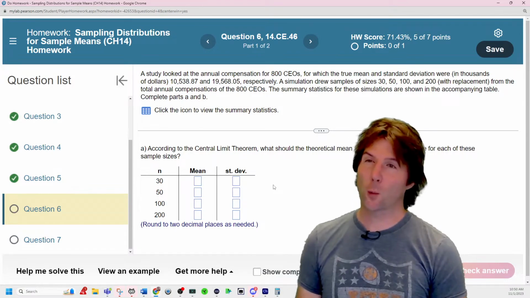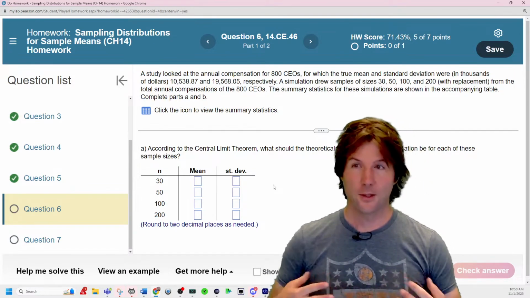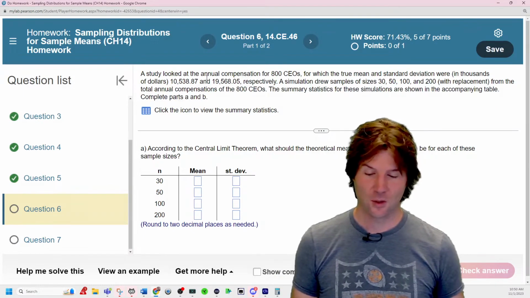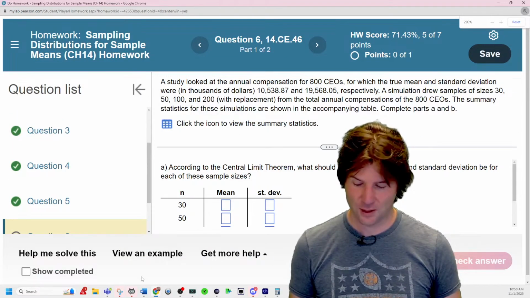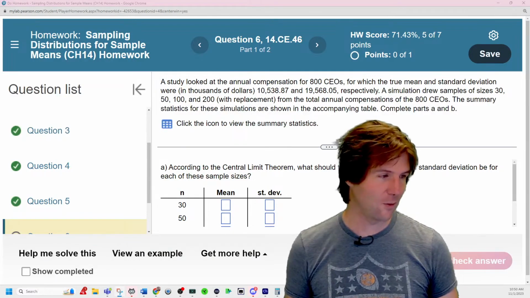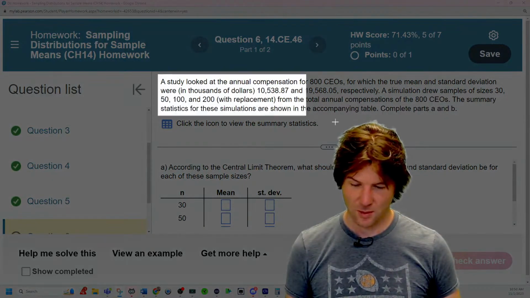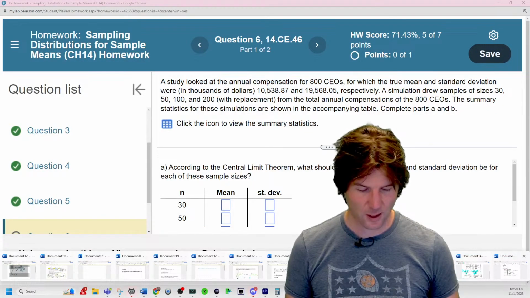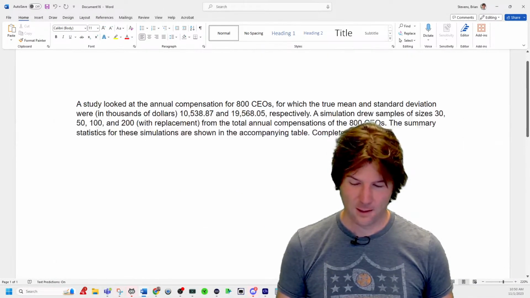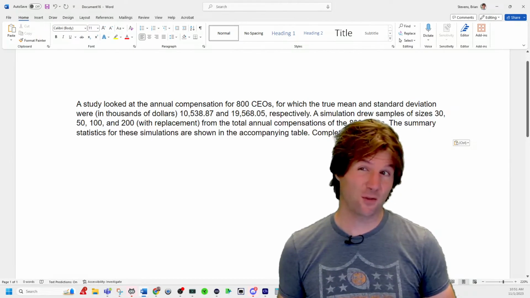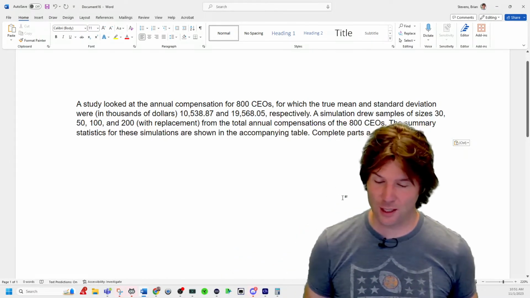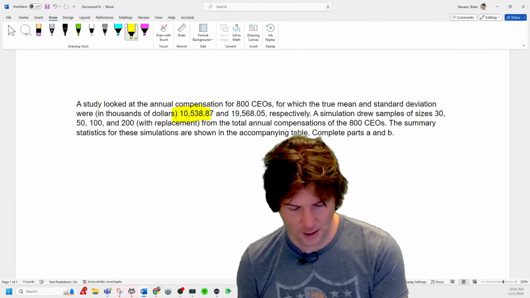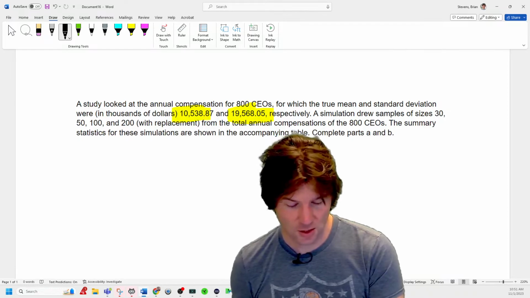This one's pretty cool because it shows you what's going on with the central limit theorem. Theoretically, the mean is expected to always stay the same. So looking at the notation up here, what would the mean be for all these answers? For sample sizes of 20, 30, 40, the mean is just going to be the same, right?